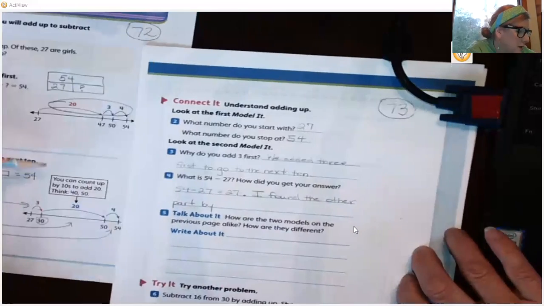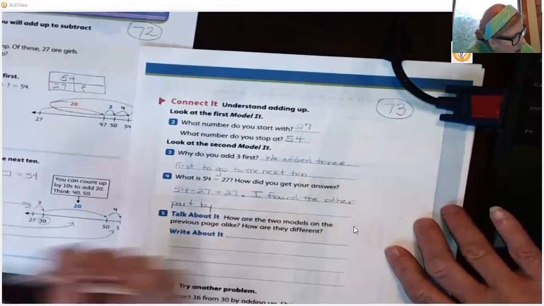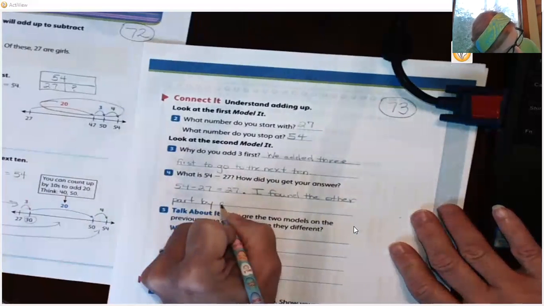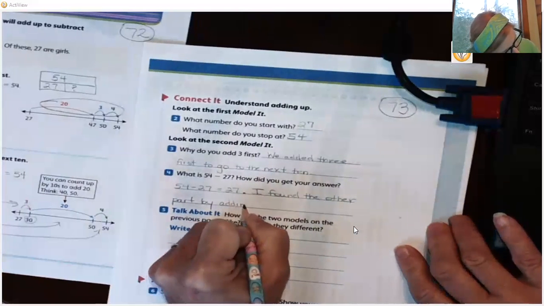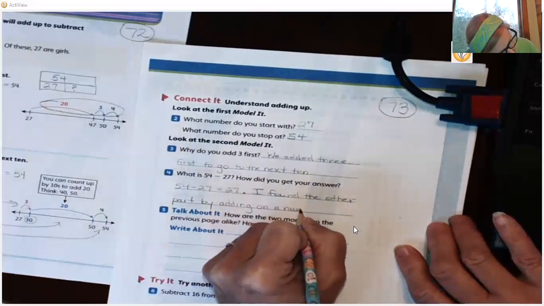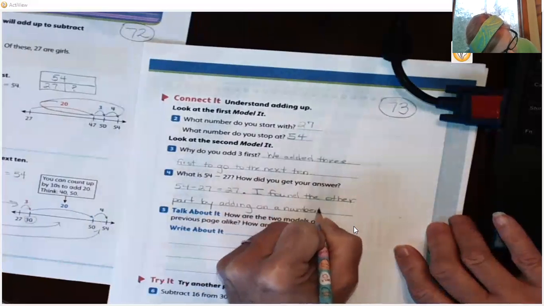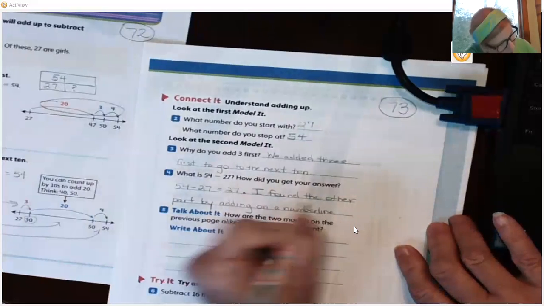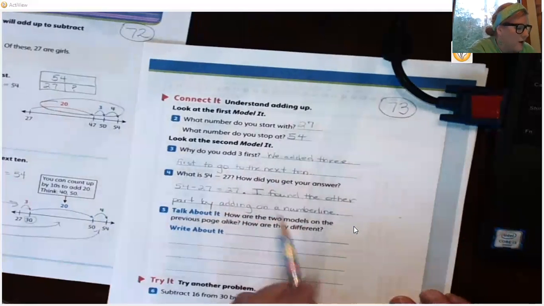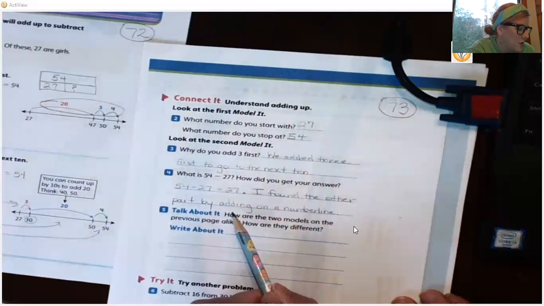So you're adding up actually both ways. We didn't subtract back on this one. So you're actually adding up by adding up or counting up on a number line. Boom, right there. So I found the other part by adding on a number line.